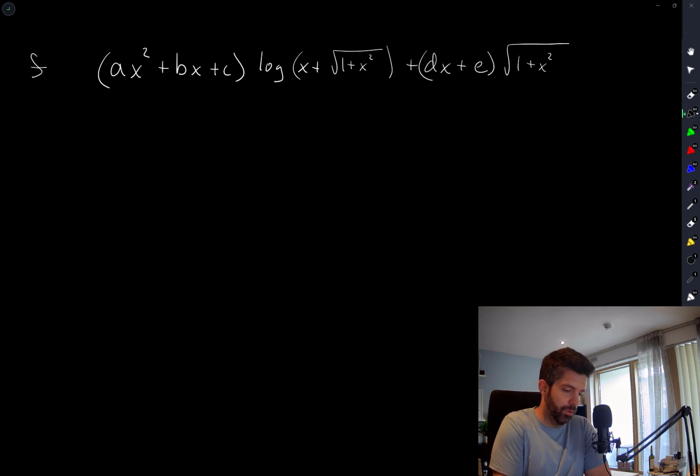Okay, we'll just call this f of x. And we're going to differentiate with respect to x. So it's going to be a little bit messy. It's just a combination of product rule, chain rule, knowing derivatives of log and square roots and so on.